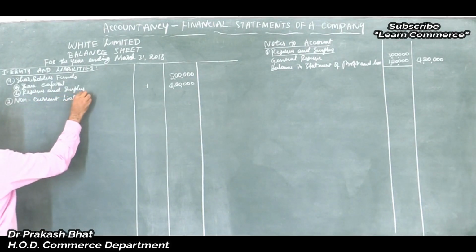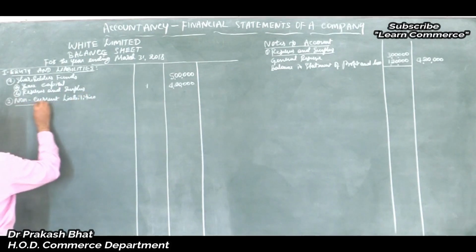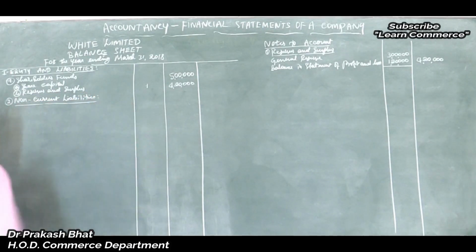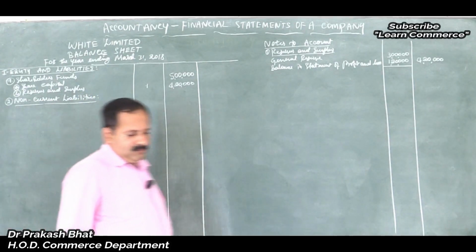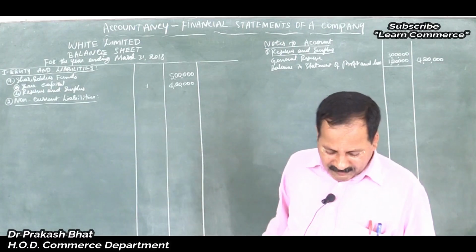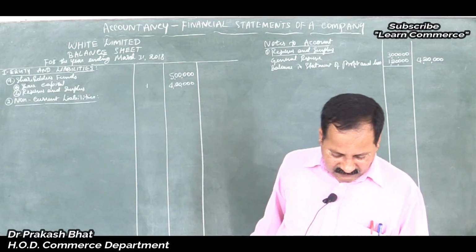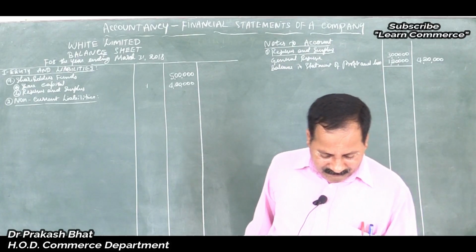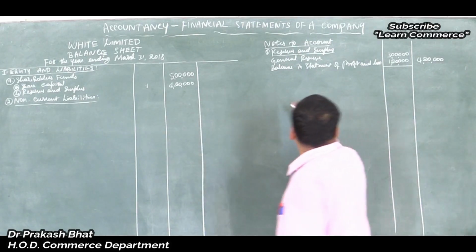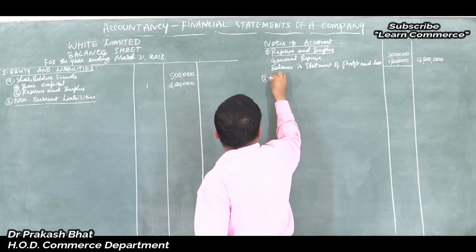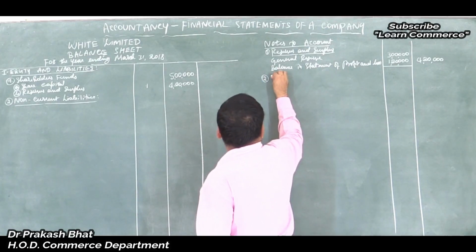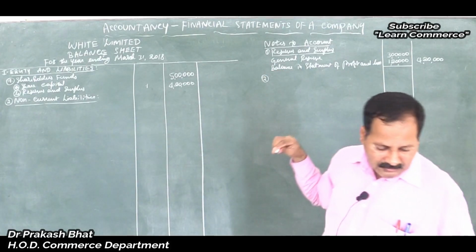Non-current liabilities. After that, how many liabilities are there? Only debentures, am I correct? Yes, only debentures are there. So we'll provide note number 2, non-current liabilities.